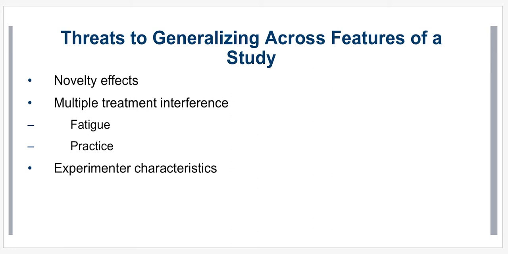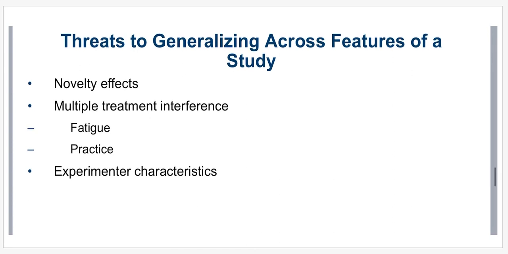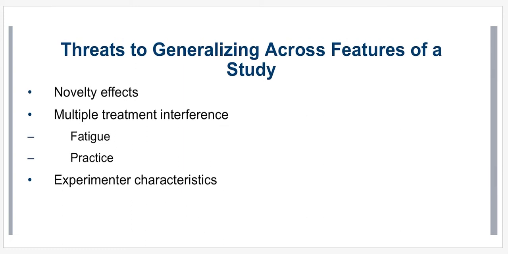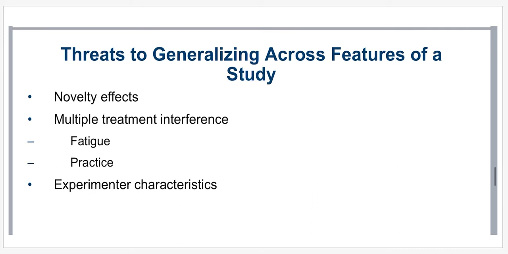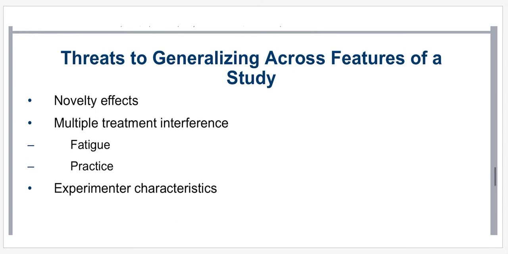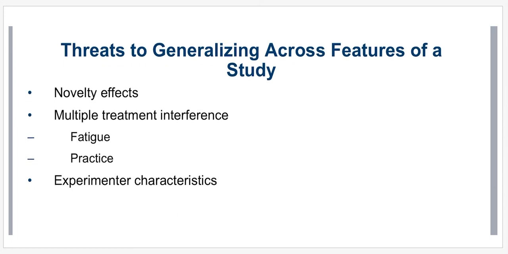Or they're just over it and they want to be done with this. There's also practice effects where they get used to the test. This is very common in reaction time studies where they get used to it, and so the reaction time gets better, but it has nothing to do with whatever variables you are manipulating for reaction time. It's literally just because they're getting used to the whole process. And so those are things that can affect the validity of the study as well.